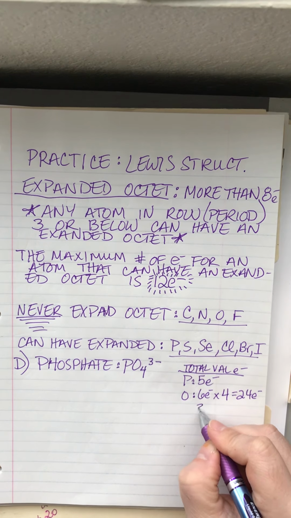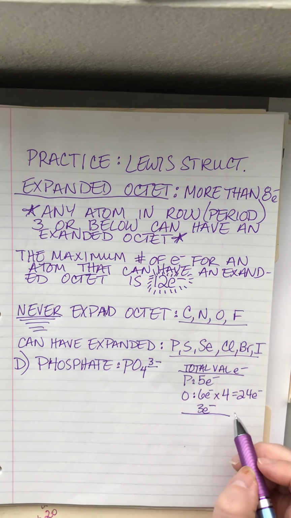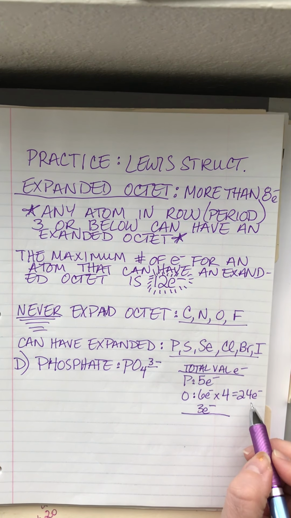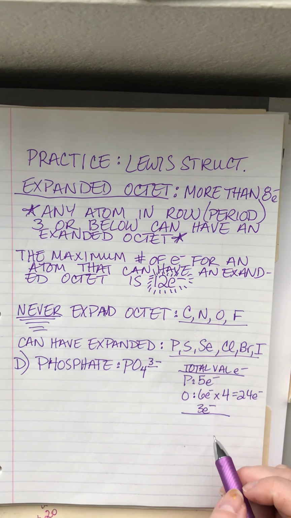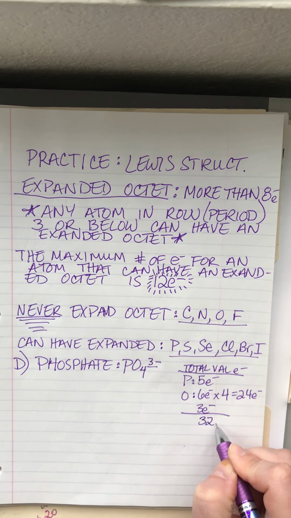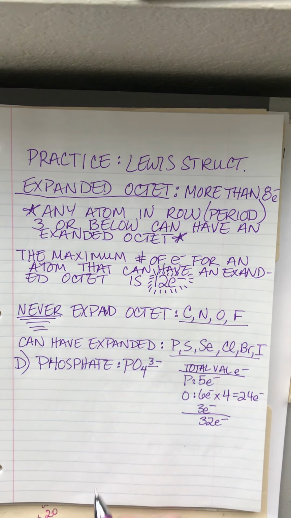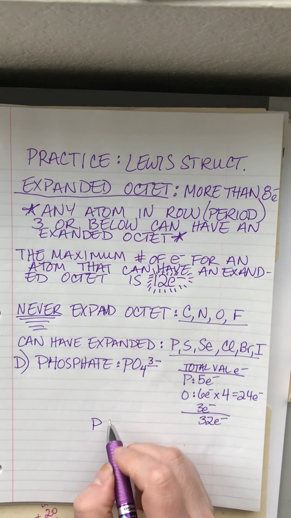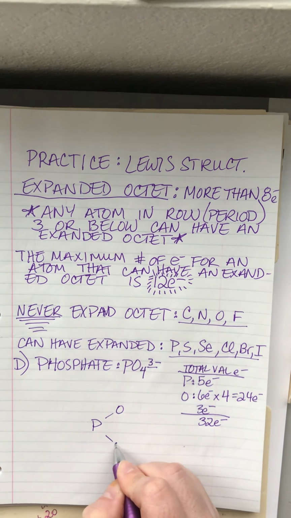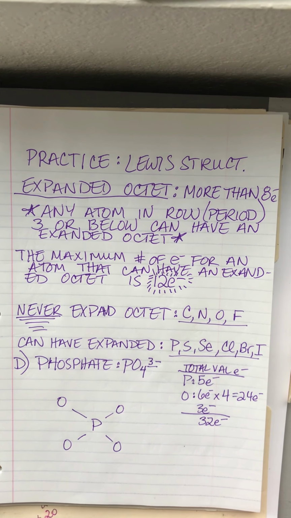And there are 3 extra electrons on the molecule here. So we have 27, which is 32 total valence electrons. So I'm going to put phosphorus in the middle and surround it by the 4 oxygens.